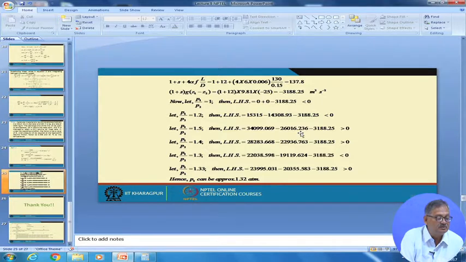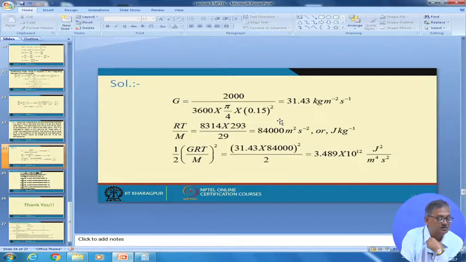So this has become so low. So 14308 in the first case, 1.2. When we took, it came like that.